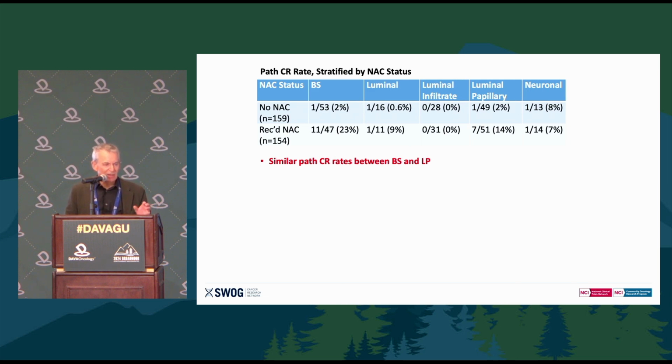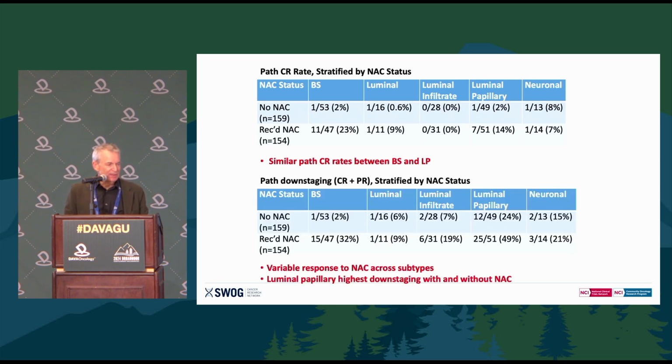So this is pathologic CR rate, and you see similar rates between basal squamous and luminal papillary. And this is with and without neoadjuvant chemotherapy. And then pathologic downstaging was a composite endpoint of path CR, and then anything less than PT2. So it's going to be PT0, TIS, T1, TA.